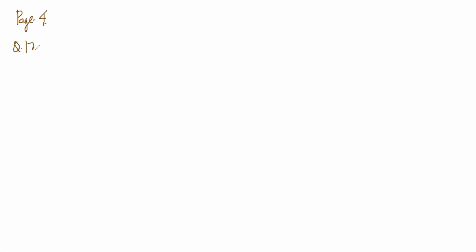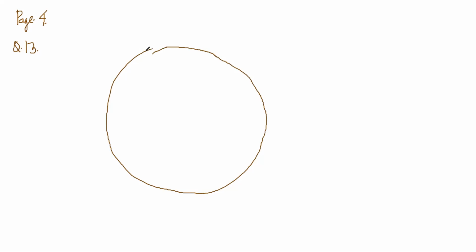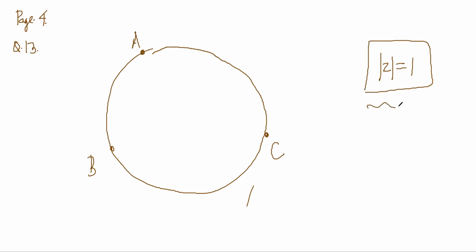Question 13 is saying, given A, B, C on the unit circle, it is possible to pick complex numbers U, V, W. There is a unit circle and there are 3 points, A, B, C. Unit circle means mod Z equals 1.